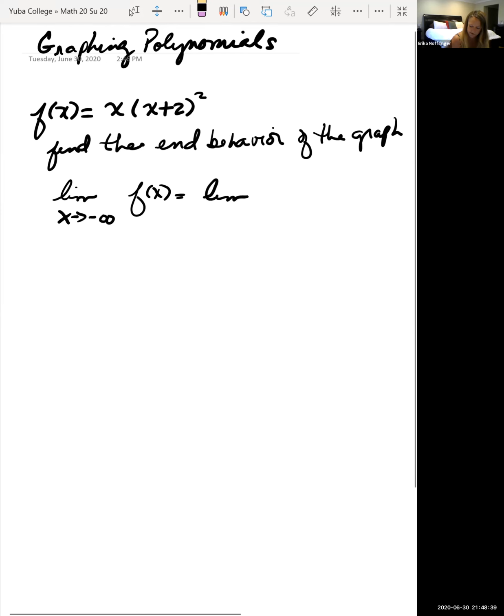This is the same thing as the limit as x goes to negative infinity of whatever that leading term was. So if we had distributed out x plus 2 times x plus 2, that leading term would be x squared times the x in front. That gives us an x cubed. If we take a negative number and we cube it, we get back a negative number. And so as x goes to negative infinity, y is also going to negative infinity.